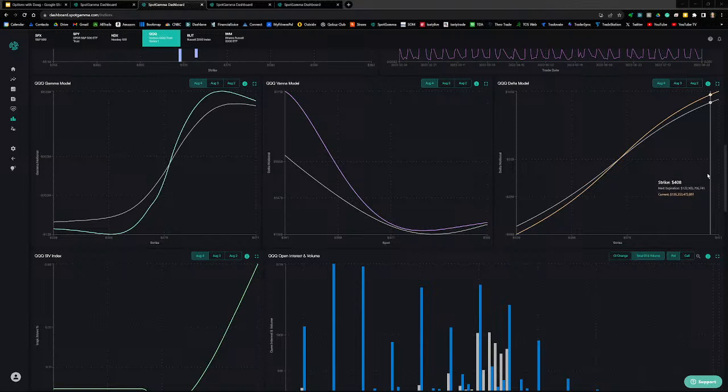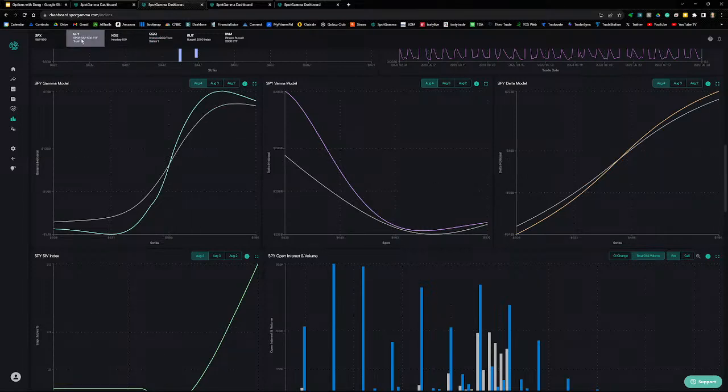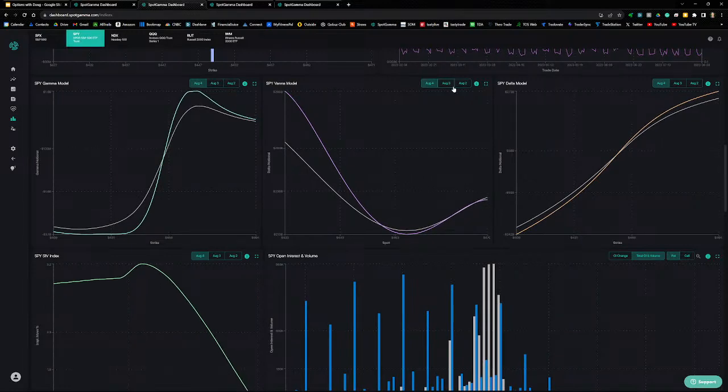So which instrument are you talking about? SPX, SPY, or QQQ? We'll just take a look at SPY and we'll compare that with yesterday. So not a lot of change from yesterday. Yesterday, SPY Gamma notional was minus 1.3 billion.